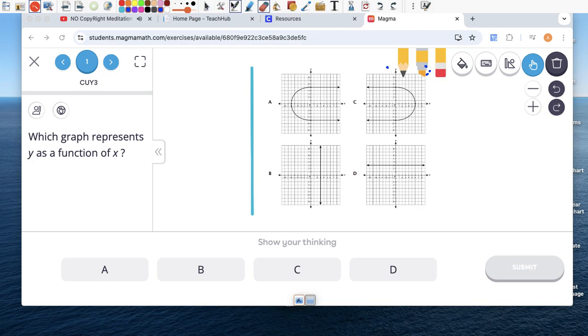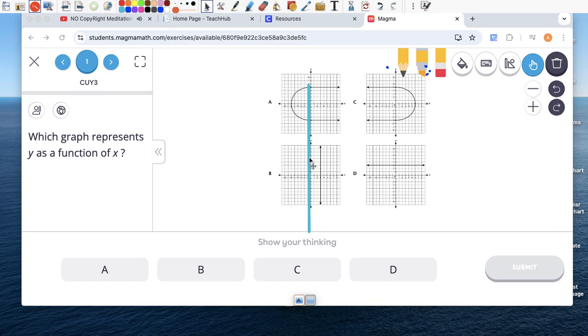And if you use the vertical line test and you move this through the graph A, you notice that our vertical line touches that graph in 2 points here and here, so that one fails the vertical line test. Therefore, it's not. Second one, C, also fails the vertical line test. It's obvious.